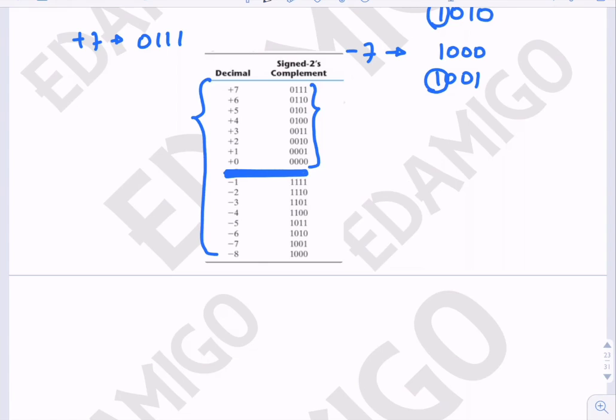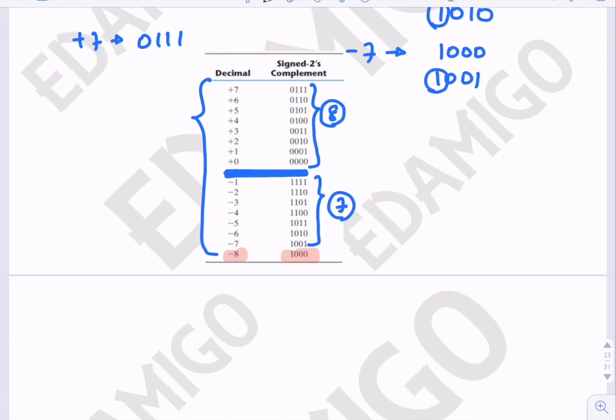There are 8 numbers here and 7 numbers here, but one 4-bit code, that is 1000, is not used anywhere. So in 2's complement format, 1000 is assigned to minus 8.